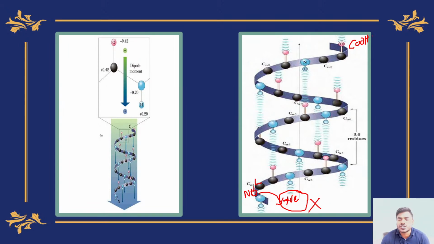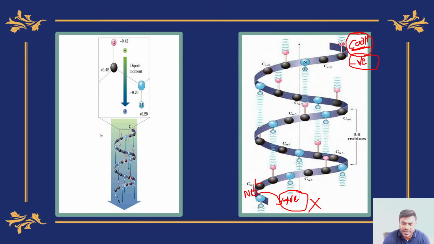No friends, that is not at all possible. Similarly, if at the carboxyl end you keep all the negatively charged amino acids, the helix will never become stable. Remember that point without any confusion.